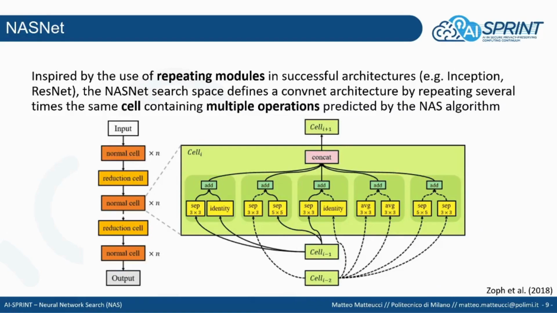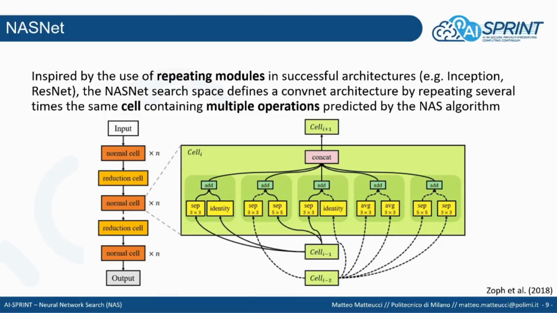Another example proposed by the same authors, inspired by the idea of repeating blocks, is called NASNet. In NASNet, the difference with respect to the previous neural architecture search that I have presented is to use new blocks.